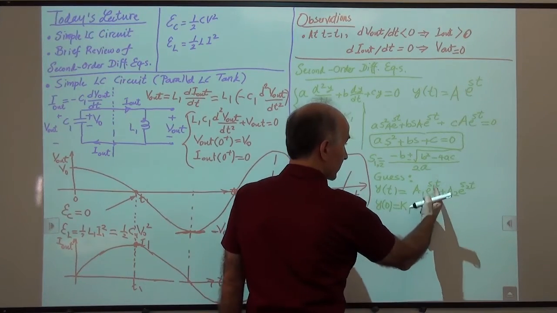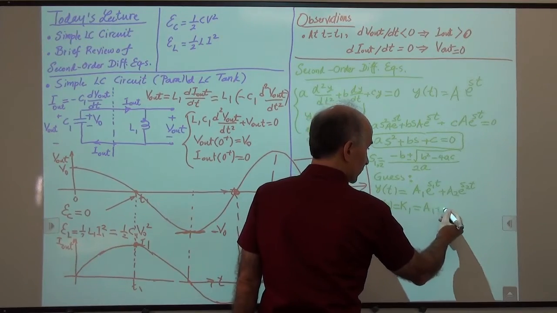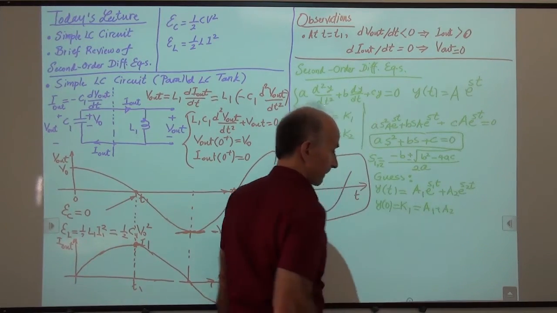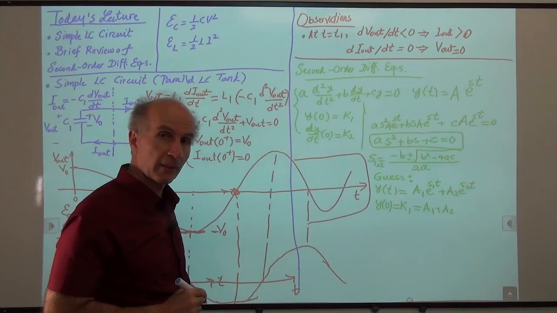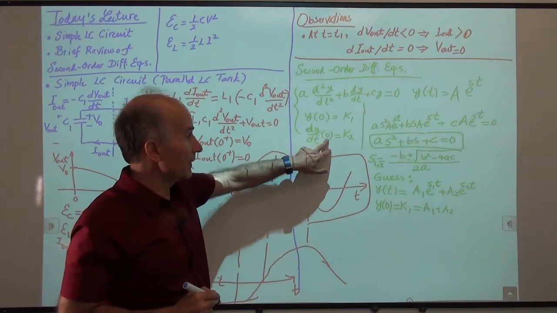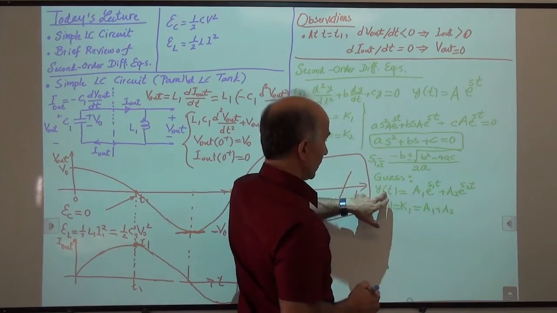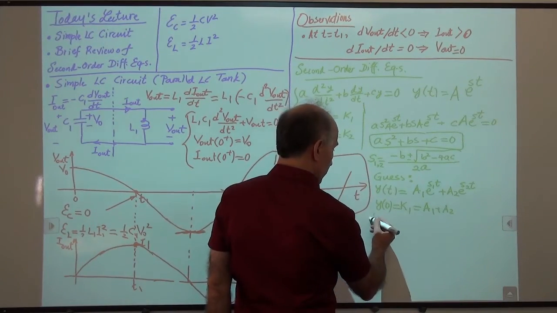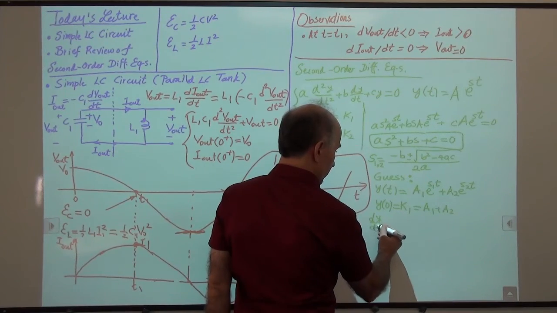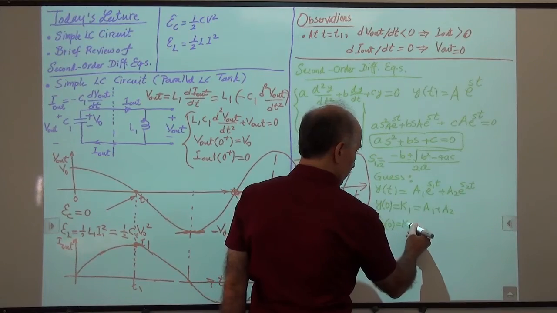And that means that I have to put 0 for t, that's a1 plus a2. All right. And then the derivative of y at time 0 should be k2, some amount, right? So the derivative of y is the following. So we say dy over dt at time 0 is equal to k2.